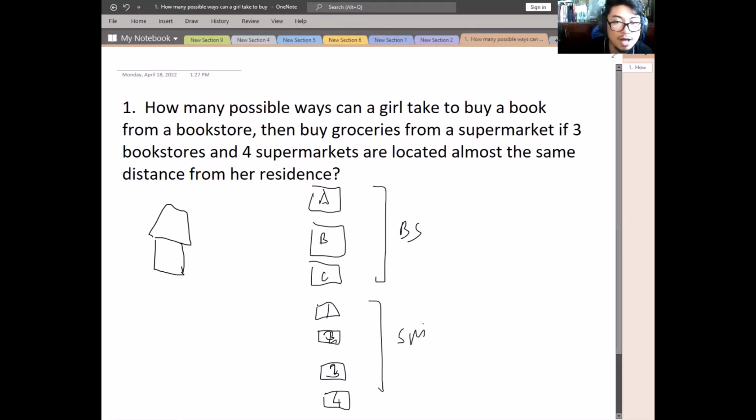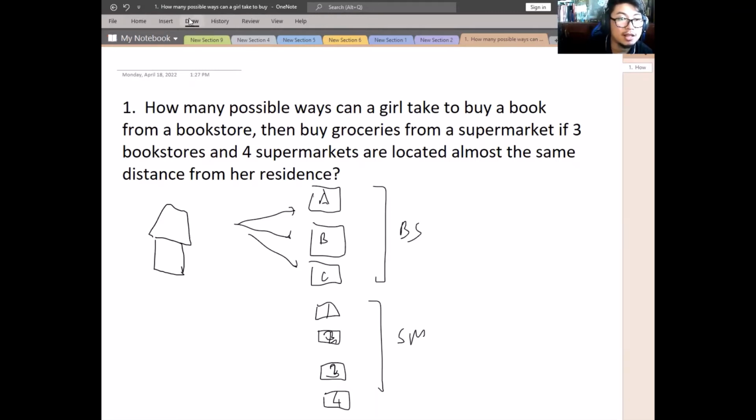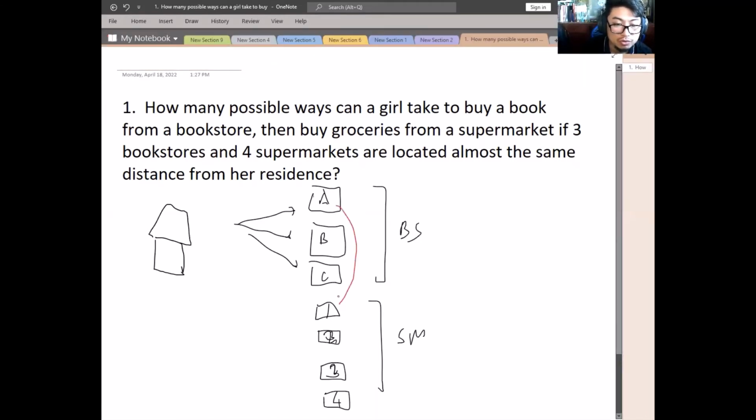First, she will buy a book. She can go to letter A, B, or C. After she bought a book, let's say she first bought a book at bookstore A, next she will go to supermarket 1.